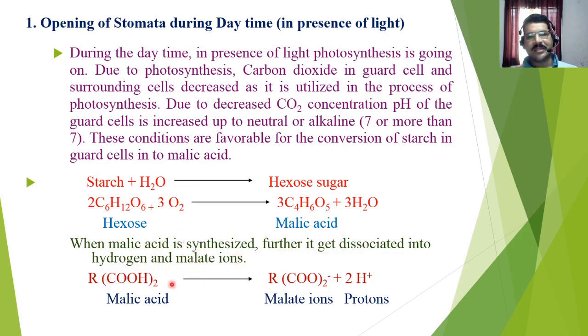So see here, this is malic acid, it gets dissociated into malate ions. You can see here RCOO, 2 malate ions plus protons. So here 2 protons have been released and malate ions are also released. These malate ions contain negative charge and protons contain positive charge.